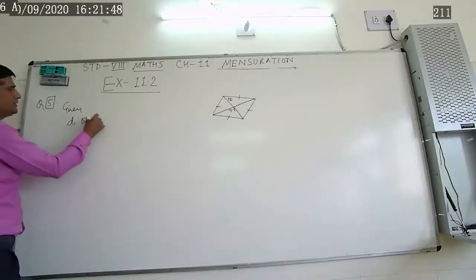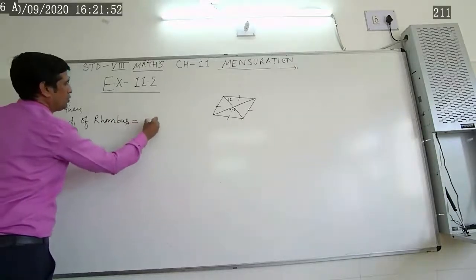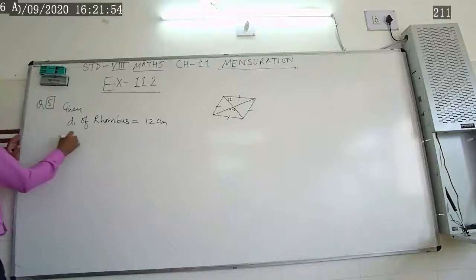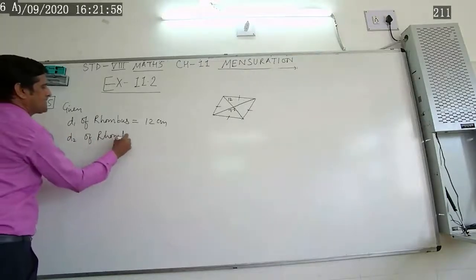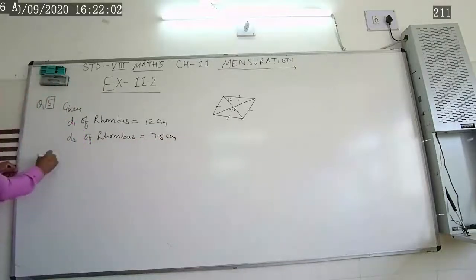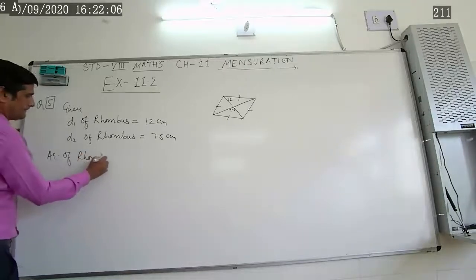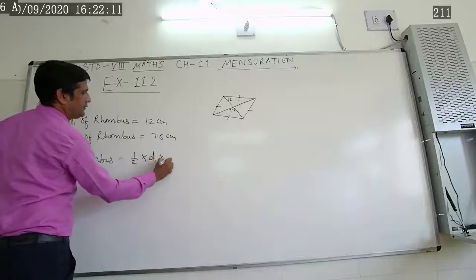D1 of the rhombus is equal to 12 centimeter, D2 of the rhombus is equal to 7.5 centimeter. Now the area of the rhombus is 1 by 2 into D1 into D2.